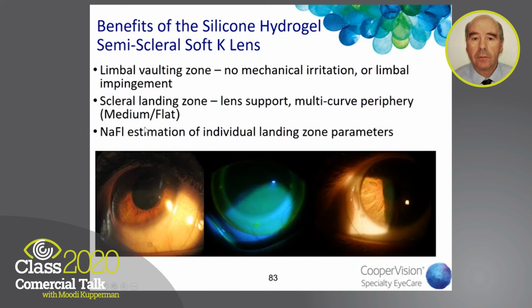So we have 2 base curves for the scleral support, lens support. We have medium and flat, and we can use the big molecule fluorescein in order to evaluate the fitting of this lens.